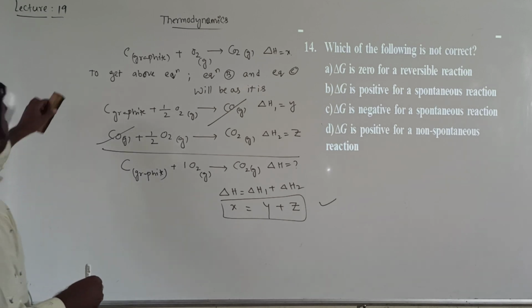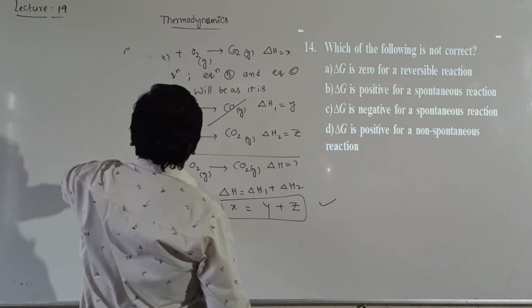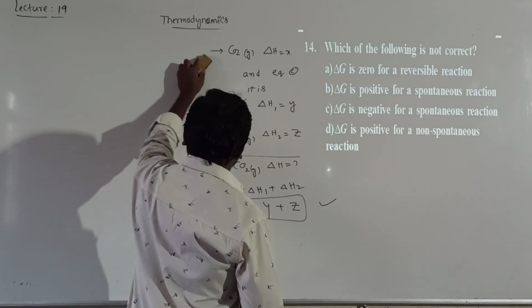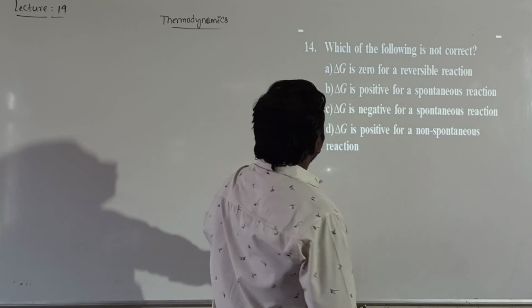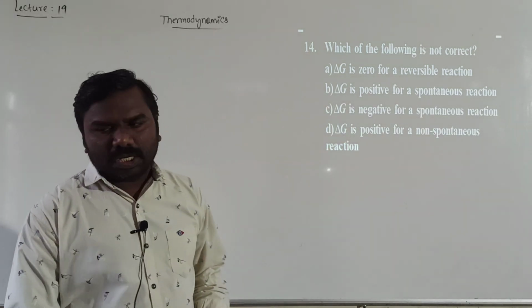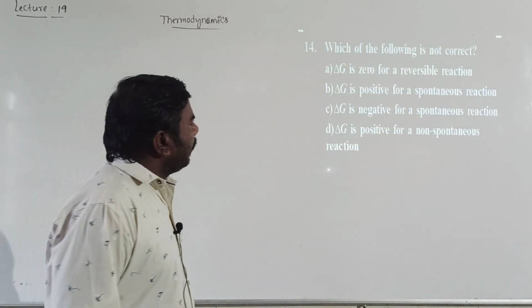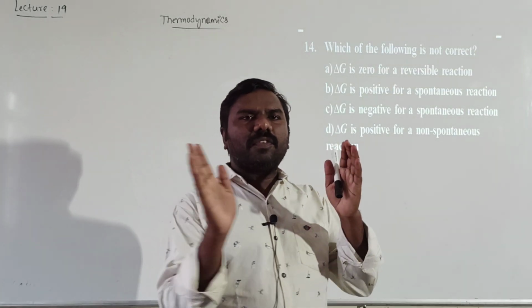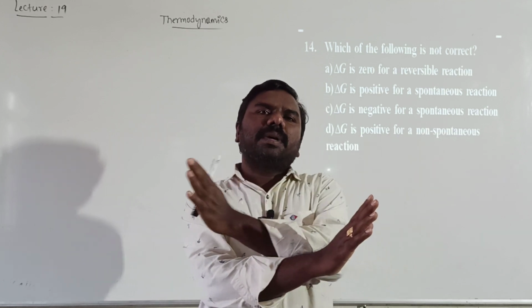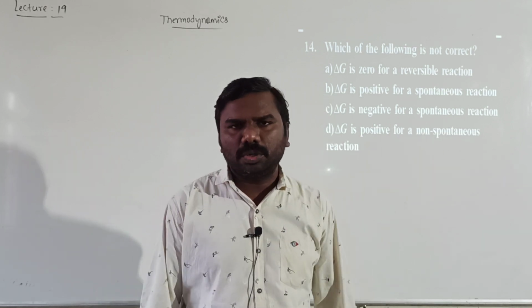14th one. Which of the following is not correct? Delta G is 0 for a reversible reaction. Yes, for forward plus, for backward minus, simply it becomes 0.